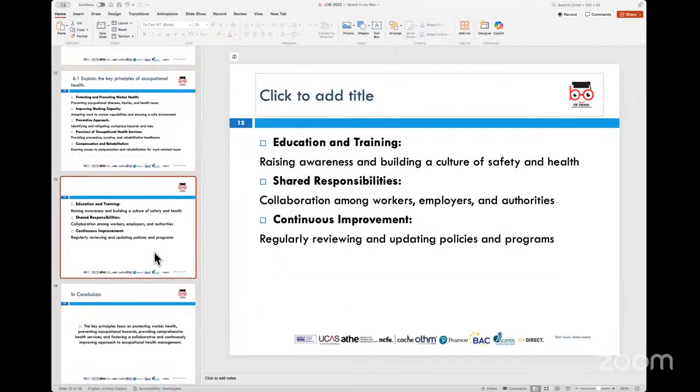Now, these principles typically require three different things to happen within the organization. There is a compulsory focus required on education and training. There are shared responsibilities between workers, employers, employees, and authorities, because authorities would have the guidelines and would stipulate the regulations which are required to be followed within the organization.